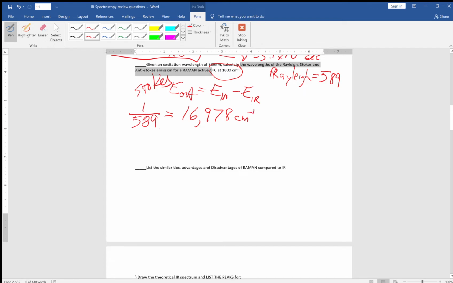Remember, this is in nanometers, so we have to convert to centimeters. This is the energy of the input photon. If we subtract 1600 to get to the Stokes emission, we get 15,378 reciprocal centimeters.